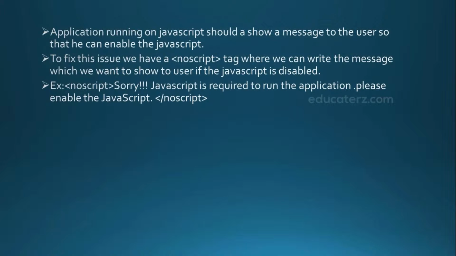Here in the example, you can check that we have a message between the noscript tag saying, sorry, JavaScript is required to run the application. Please enable the JavaScript. So the message will be shown when the JavaScript is disabled in the browser. So this is how we handle the issue of disabled JavaScript in the browsers.